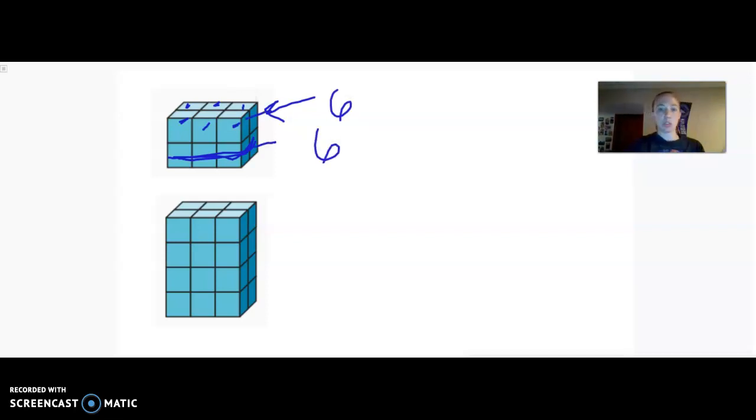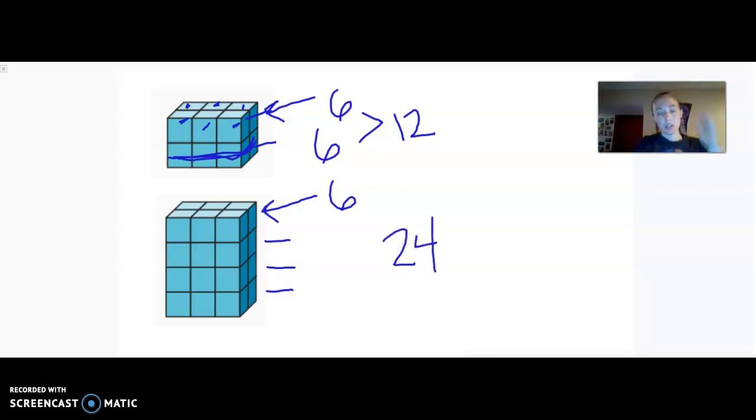So either 6 times 2 or 6 plus 6 is 12 cubic units. This layer again is 6, but this time I have 4 layers, so 6 times 4 is 24 cubic units. Hopefully you got those. If you need help, let me know.